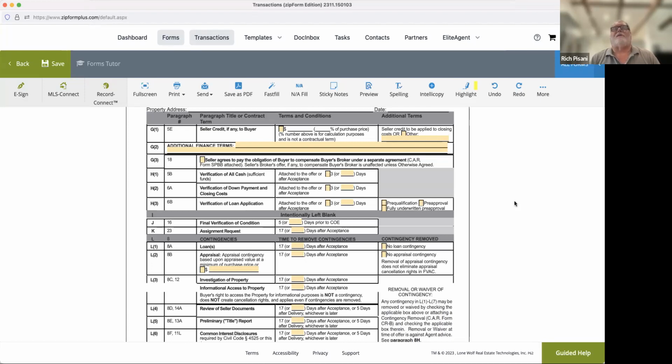If the seller is offering 2% and your buyer has agreed to pay you 2.5%, and you want the seller to make up the extra 0.5%, you use this form to ask for compensation.